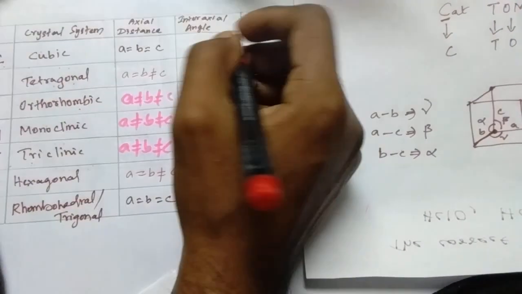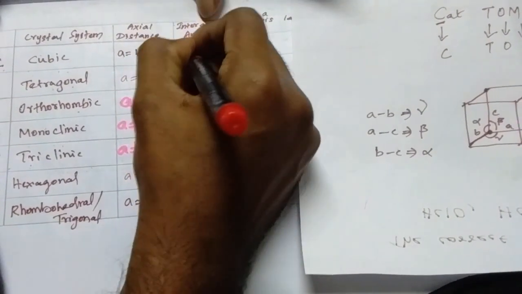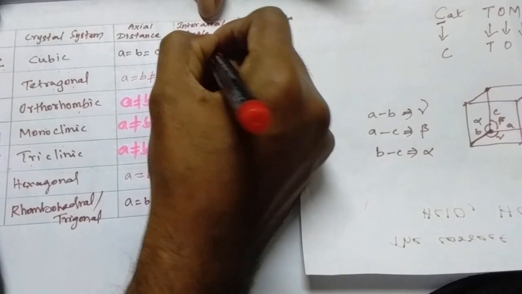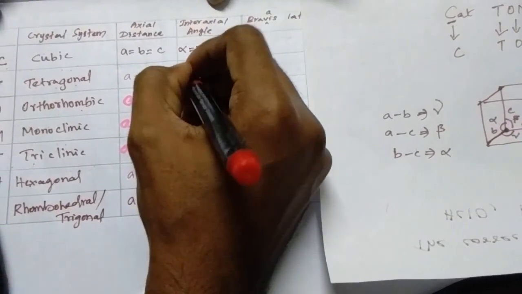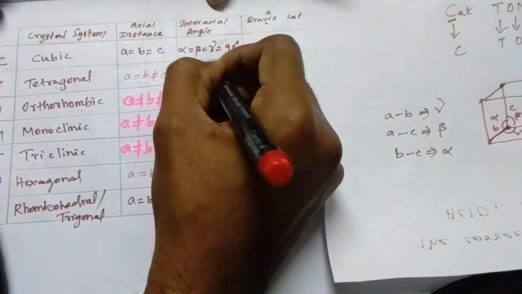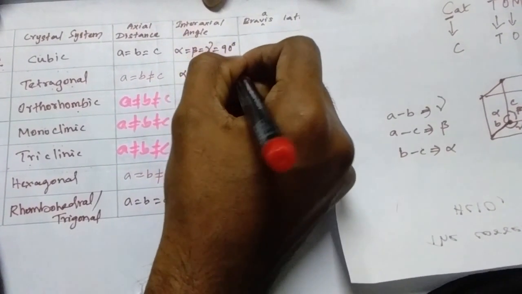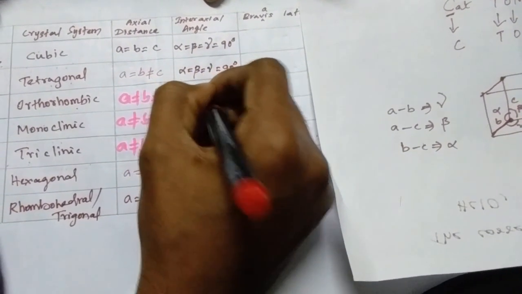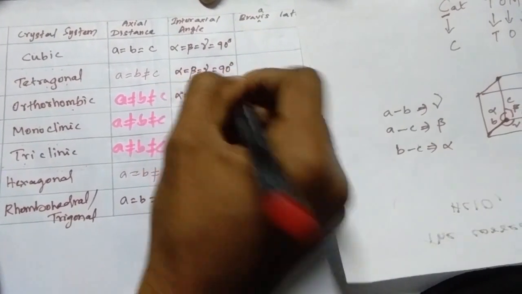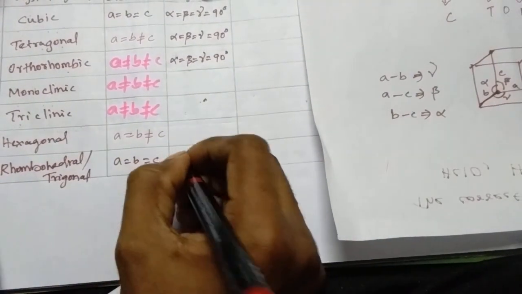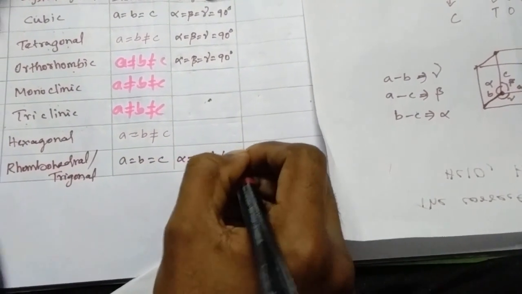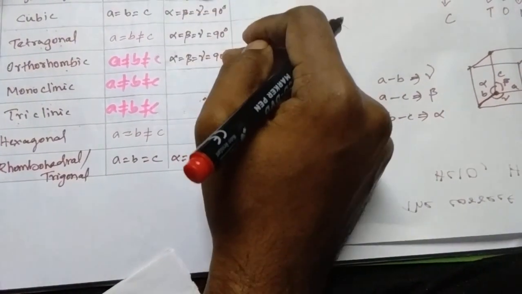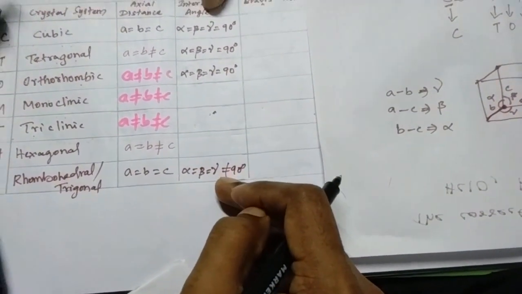For cubic, alpha is equal to beta is equal to gamma is equal to 90 degrees. For rhombohedral, alpha is equal to beta is equal to gamma not equal to 90 degrees. That is the difference. Here all are equal, but here not equal to 90 degrees.